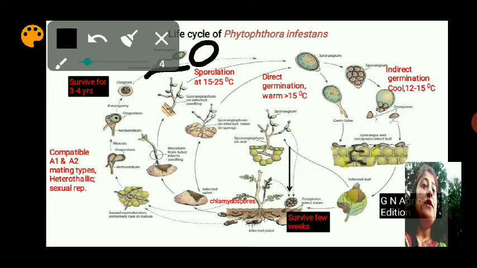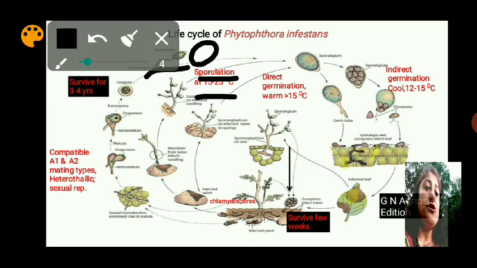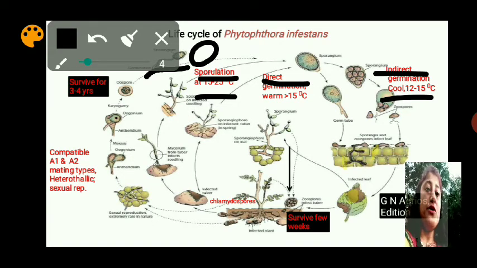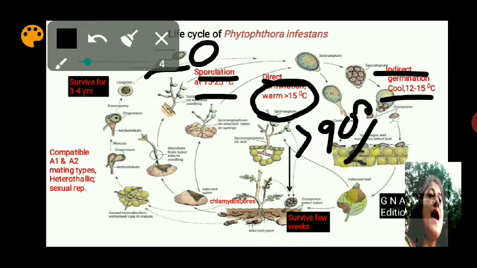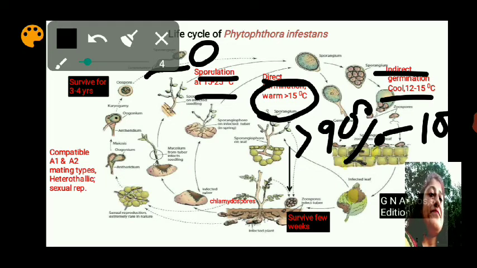This sporangium, depending upon the atmospheric conditions, may undergo direct germination or indirect germination. If the conditions are favorable, that is, if the temperature is below 15 degrees centigrade and the humidity is quite high, greater than 90%, between 90 to 100%, then direct germination of the sporangium occurs.